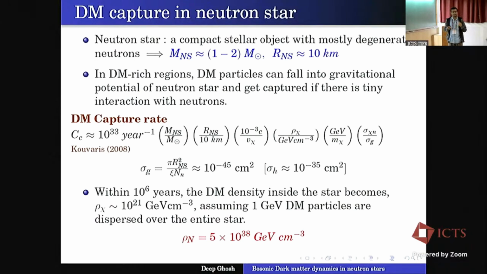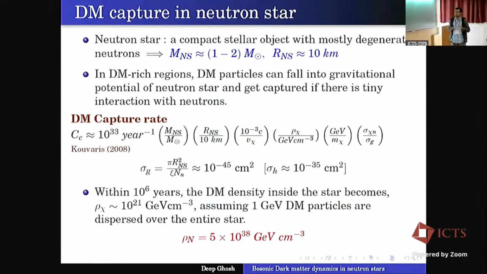But if there is no dark matter neutron interaction, then the dark matter particles would come out of the neutron star. So we need tiny interactions. And how tiny? You can see that it is 10 to the minus 45 centimeters squared. Now compare this cross section with the Higgs production cross section at the LHC, which is 10 to the minus 35. So a little bit of interaction can accumulate dark matter.